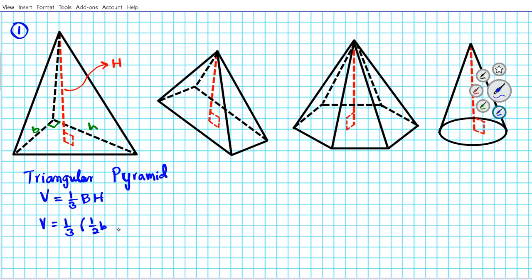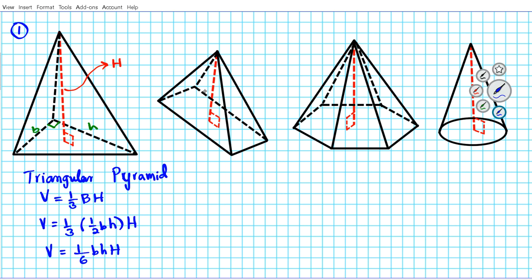Remember, this is the height of the triangle multiplied by the altitude or height of the entire pyramid. All right, so if we simplify that, we get the formula for the volume of a triangular pyramid: 1/6 base times height of the triangle multiplied by height of the pyramid.